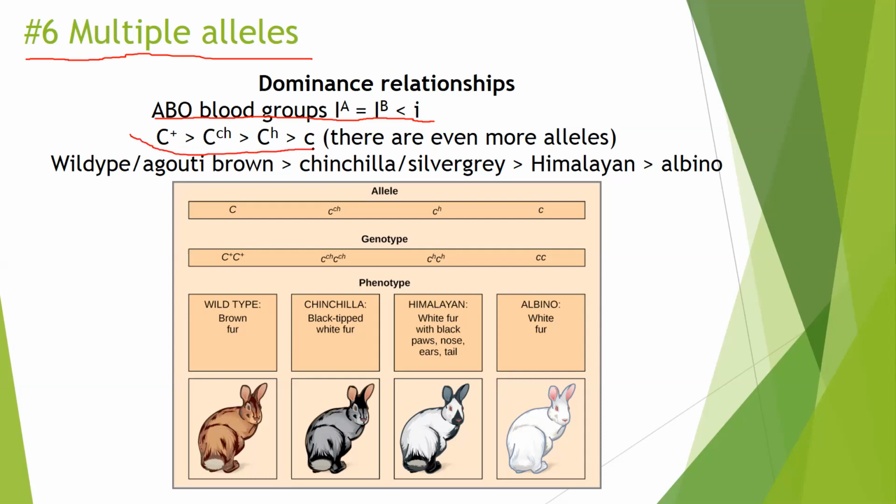For example, this is one gene in rabbit, and this gene can take different forms here, and different forms can produce different fur color, and those represent the relationship between them. Let's say there are 4 alleles here, right? Because there are more than 2 alleles, as you can see, the phenotypes will be very complicated.